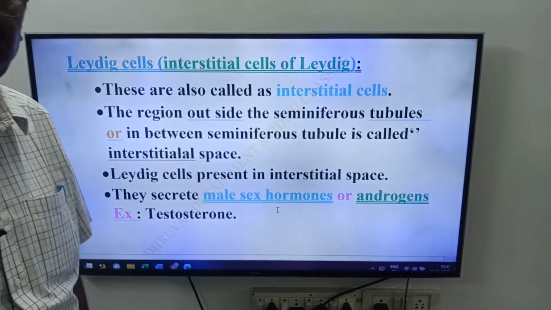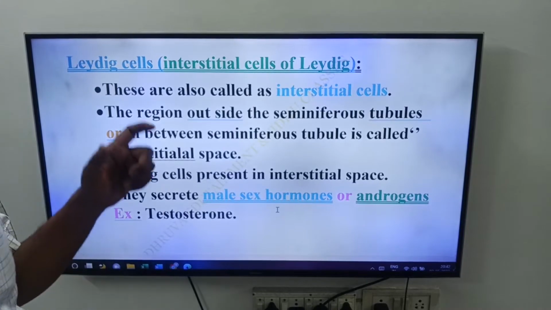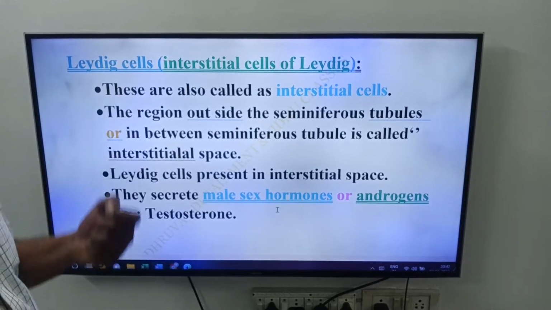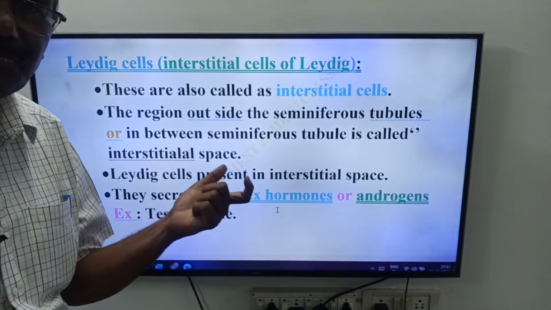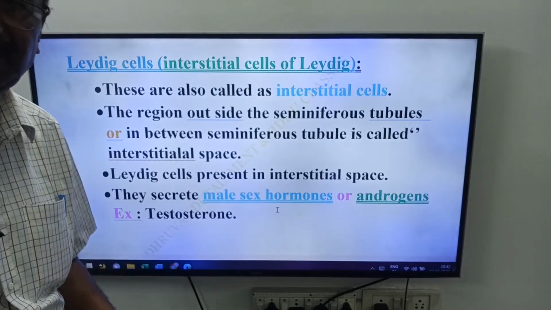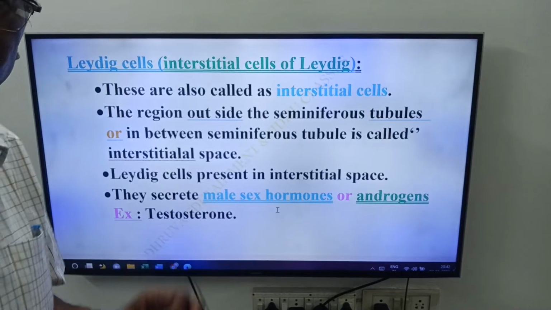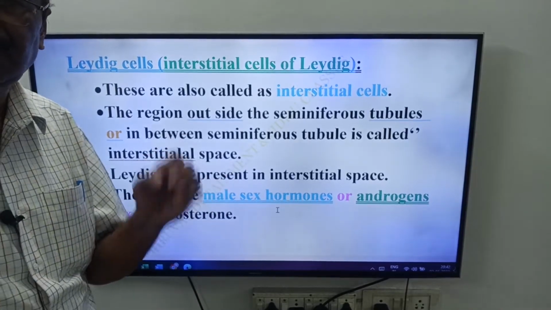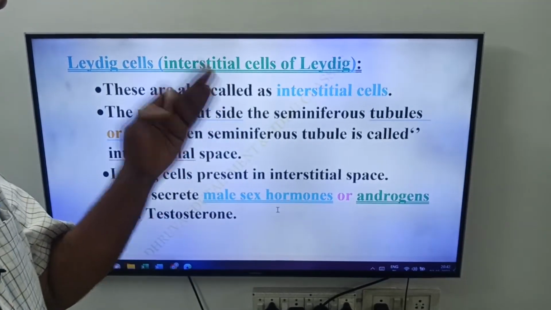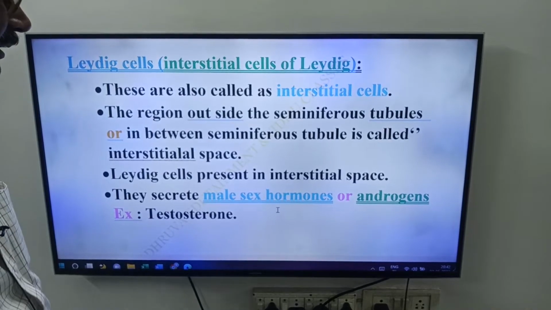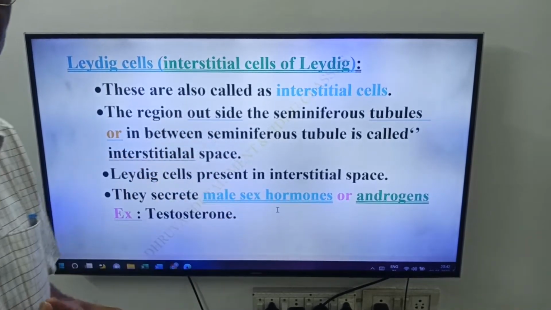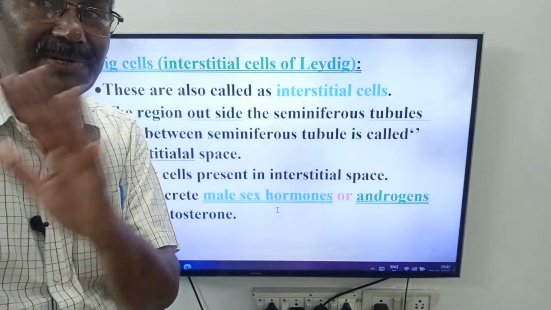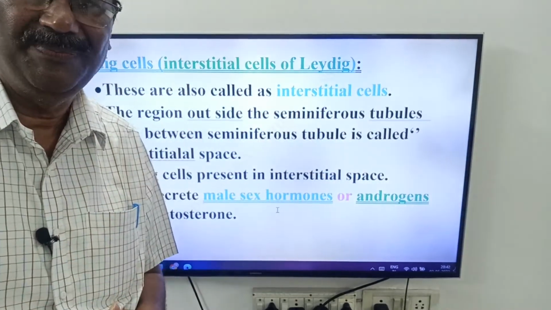Another type of cells, friends, very, very important. Leydig cells are also called interstitial cells or interstitial cells of Leydig. These are present outside the seminiferous tubule. Sertoli cells are present inside the seminiferous tubule.